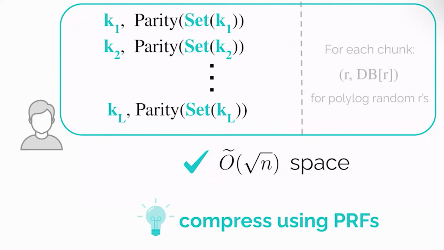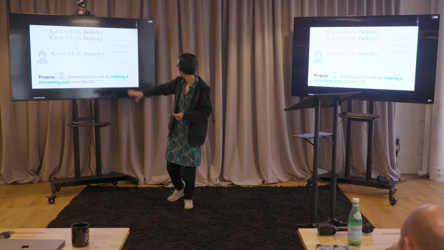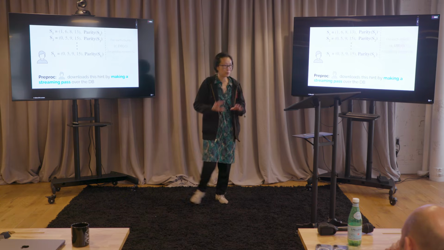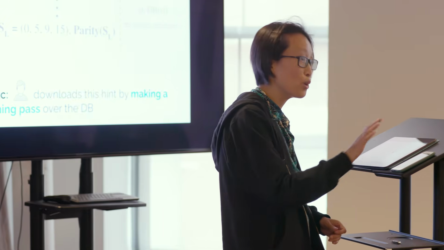This is the only place where crypto shows up; the rest of the scheme has no crypto. During preprocessing, the client can write down this hint by making a single streaming pass over the database, with only square root n space. That's why it's called a streaming algorithm. I will not go into details, but if you think about it a little more, you'll realize how to do this. It's a homework exercise.